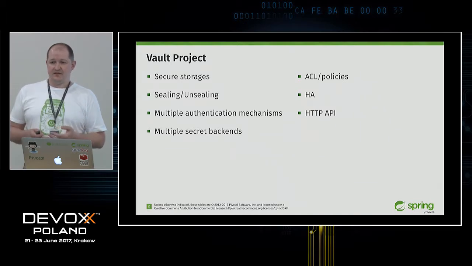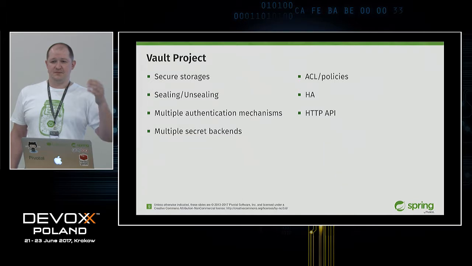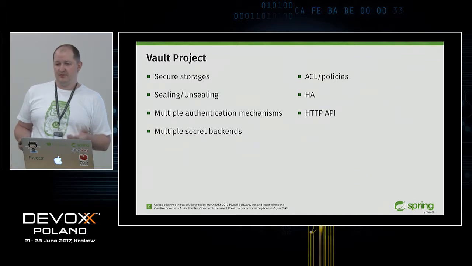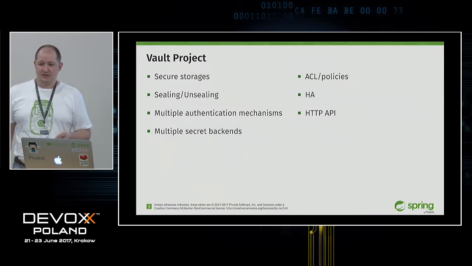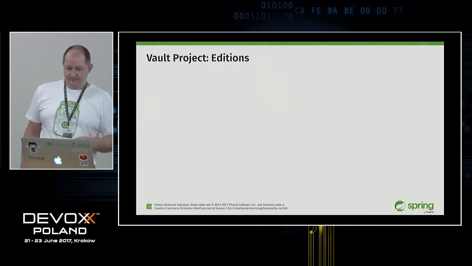It works with ACLs, so access control lists, and policies, where you can assign a policy to a specific user. So the user is able to access only that part he's authorized to and not more. It's able to run in high availability mode to basically prevent you from having a single point of failure. And it exposes a really nice HTTP API. And how this looks like, well, I'm going to show you in a second.